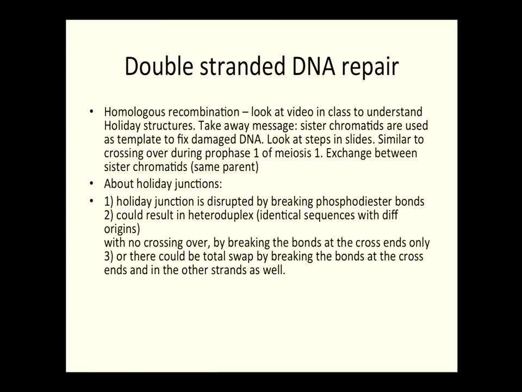So if you have one Holliday junction cleave and the parental strand cleave, that's going to be a crossover product. Okay, and then there could be a total swap by breaking the bonds at the cross ends and the other strand as well, just like I explained. So the basic mechanism of homologous recombination, the one that Dr. Ruther covered, was the one with the crossover product.